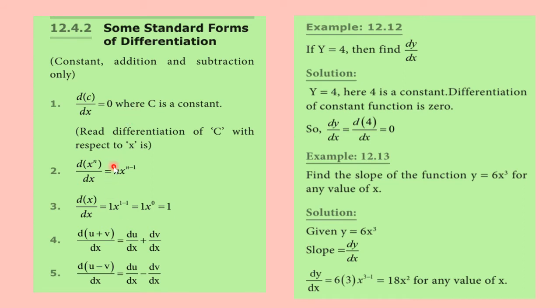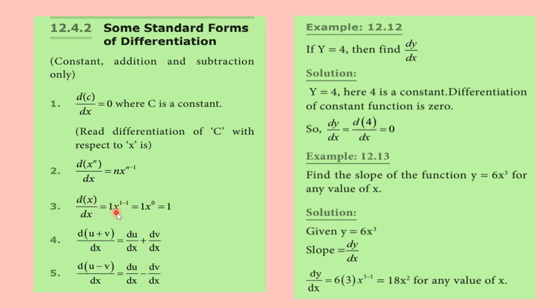Next one, differentiate x with respect to x. Here, if I simply say x, it means the power is 1. If power is not given, you should assume it to be 1. Here we had the power n, here the power is 1. So what should we do? Bring the power to the front.